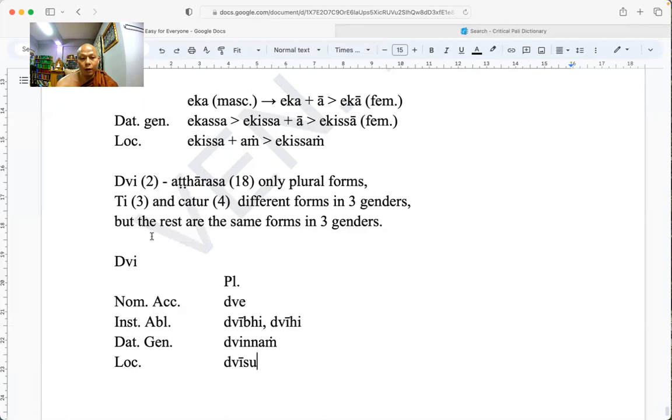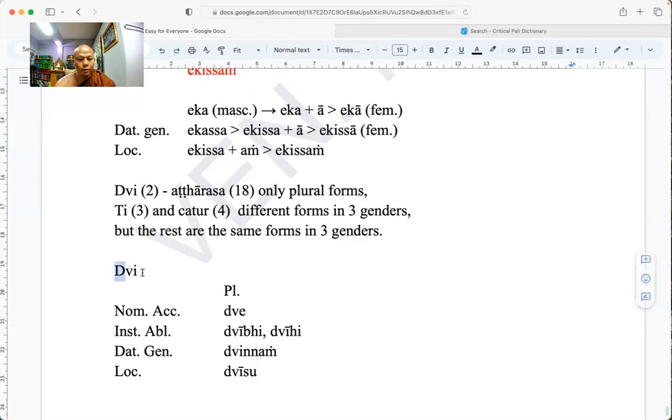So here you see, this dui is also a kind of pronominal. Some numerals belong to the numeral group, sorry, the pronoun group. Some numerals belong to the pronoun group.